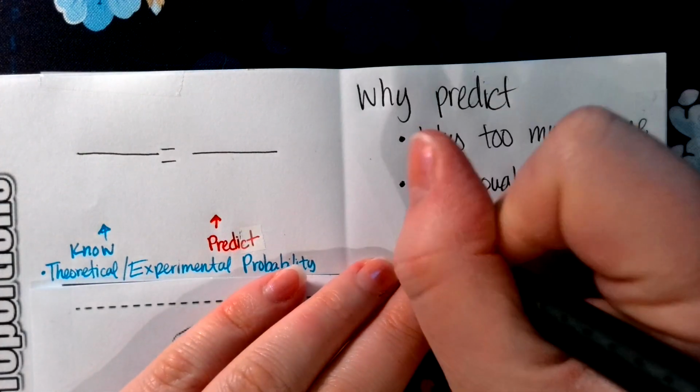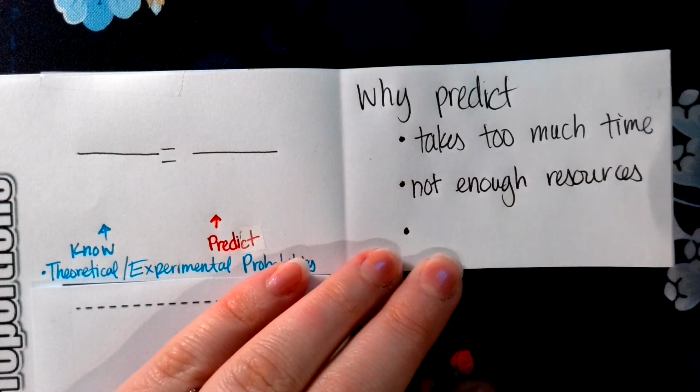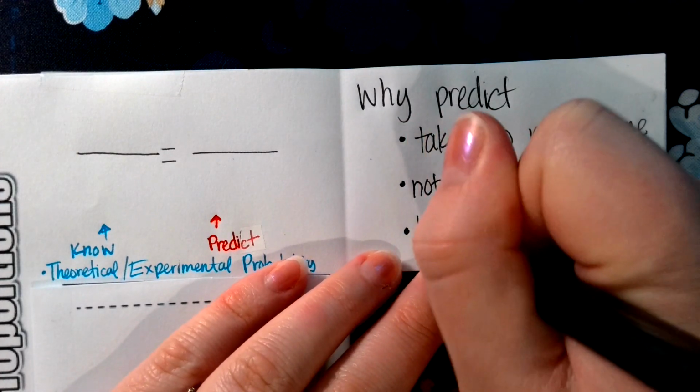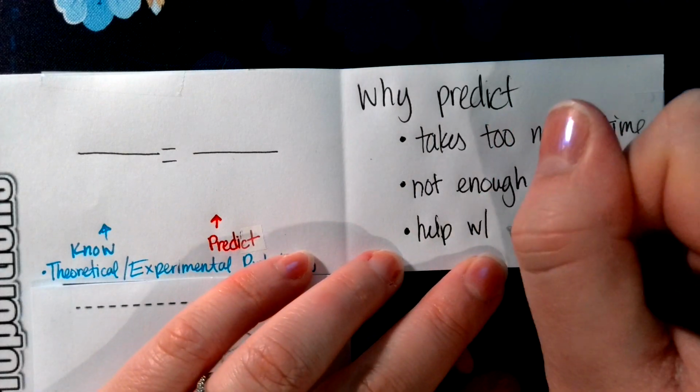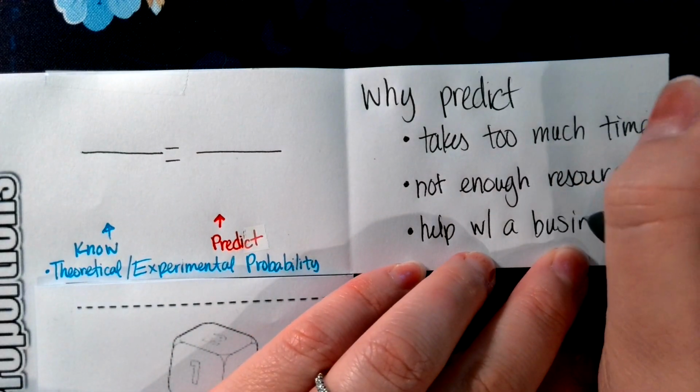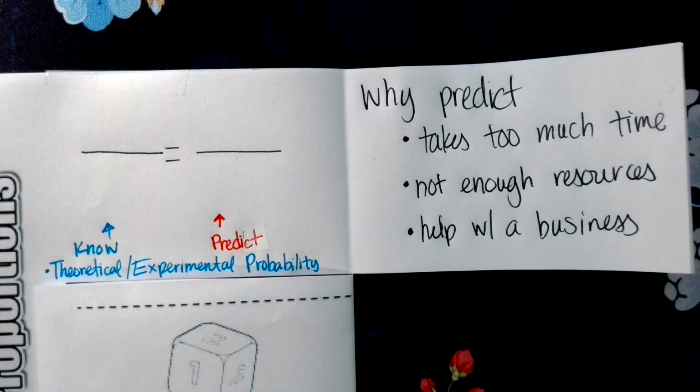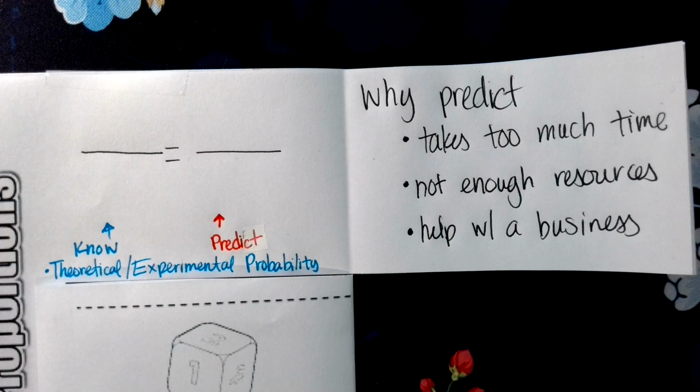People also sometimes like to predict to help with a business. I used to work at Jimmy John's, the sandwich shop, and every day we would predict how many sandwiches we thought we were going to sell based on what we had sold in the past, because we don't have time to ask everybody who's going to come to our Jimmy John's today what they want so we can make sure we have enough meat cut, enough lettuce, enough tomatoes.